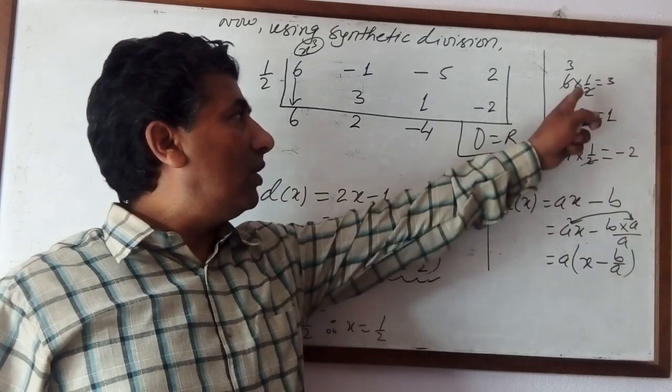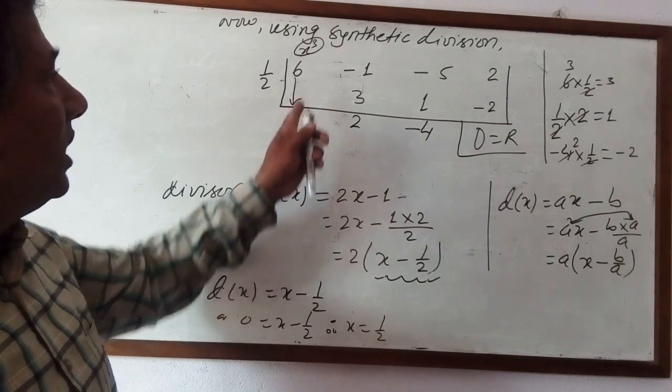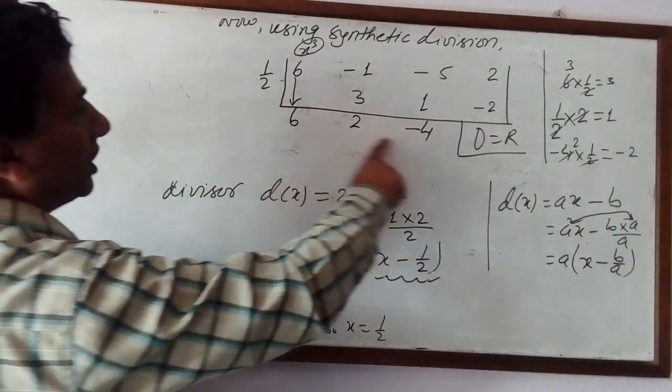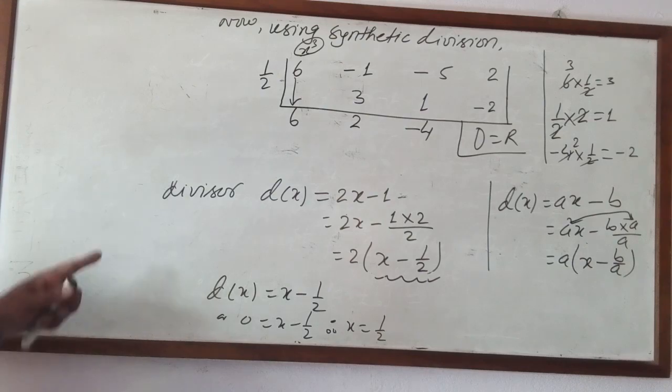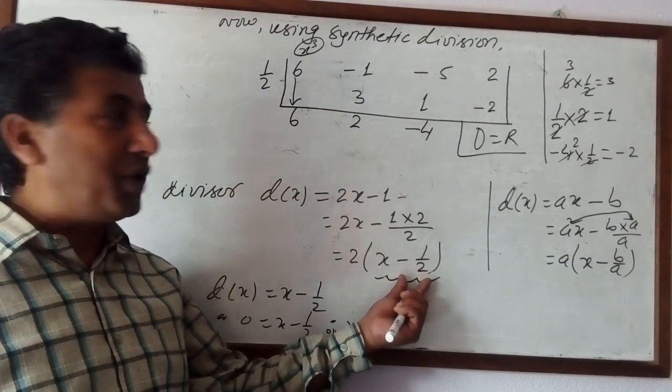Now what we have to understand from this? This is the quotient Q1, the quotient for this divisor x minus 1 by 2.